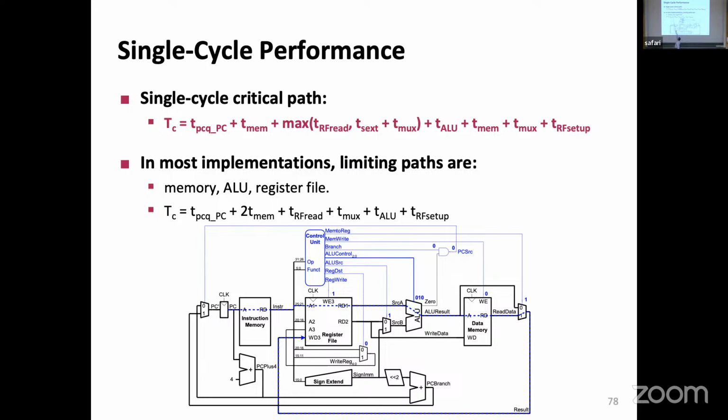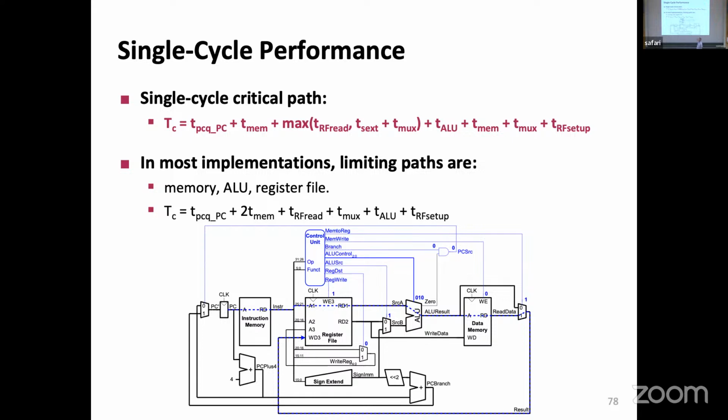So the propagation delay of the PC, the time of the memory, I have actually two paths that go parallel. So I either make a register file read, or I do the sign extension and go through the multiplexer here. So I have two paths, whatever is larger. So either this time to sign extend. Notice that it's not a very difficult operation.